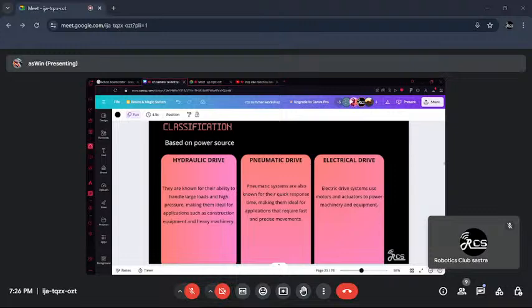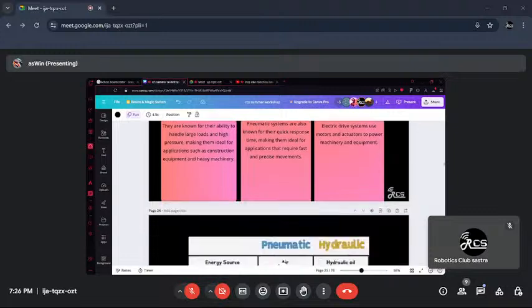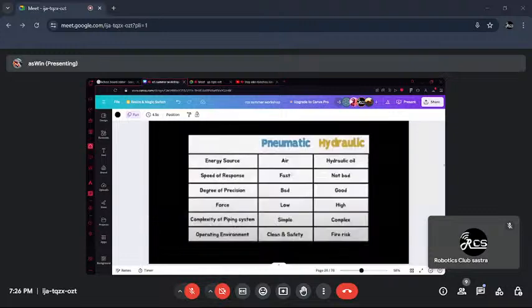Now let's get into the difference between hydraulic and pneumatic. In a car workshop, you can see there will be some grease in the hydraulic machine, and oil will be spilled. The compression liquid is hydraulic oil, but in pneumatic, air is used as the energy source.